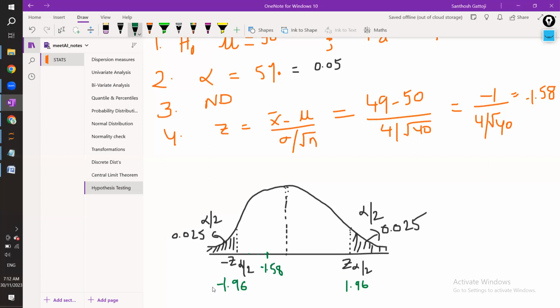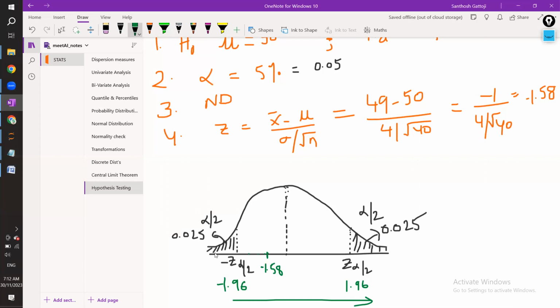Obviously, because it is minus 1.96 and you are coming from here to the positive side, where it will be 1.96, you should increase the values. So somewhere over here it will be minus 1.58, obviously greater than minus 1.96. Is this the rejection region? No. This is not the rejection region.